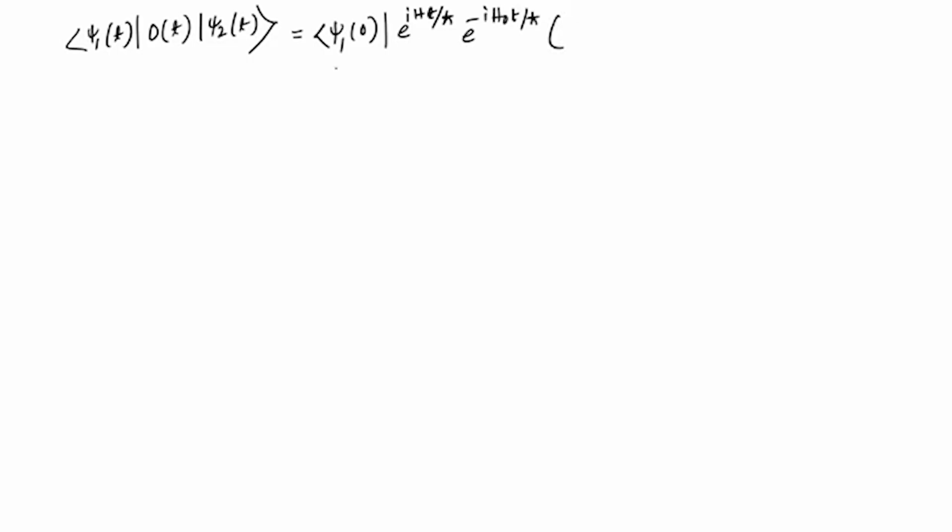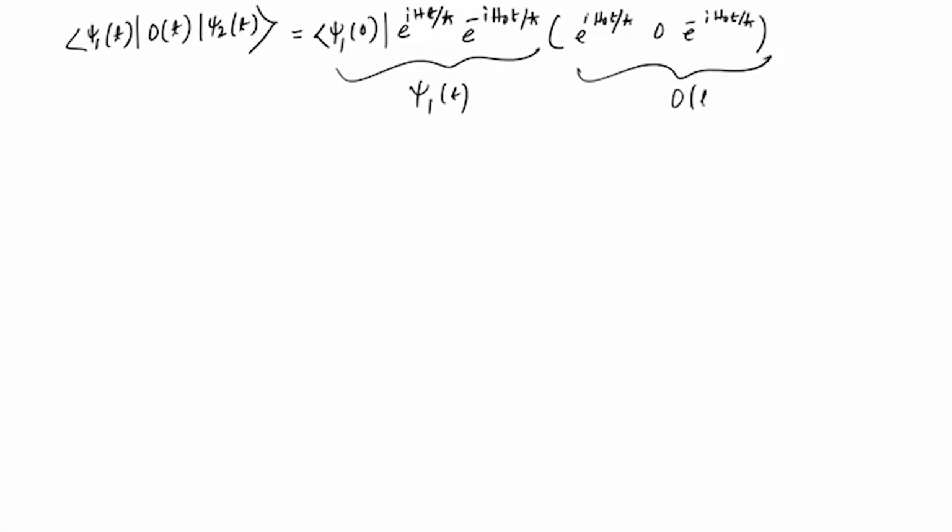And then this part is nothing but psi 1 of t. And then we'll write down this exponential i H naught t by h cross, then O of 0, then exponential minus i H naught t by h cross. Now this is nothing but O of t.